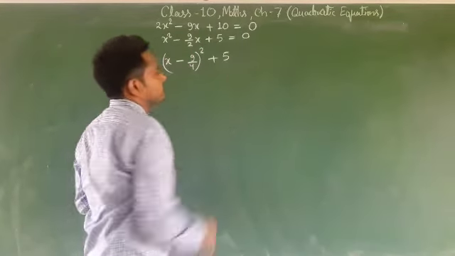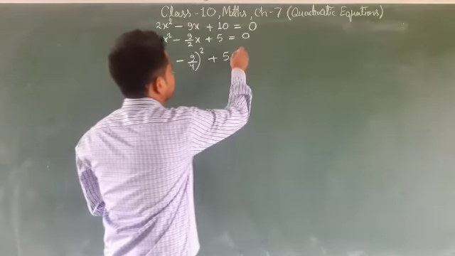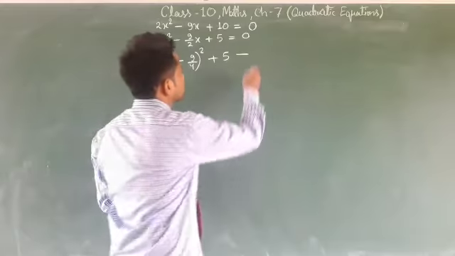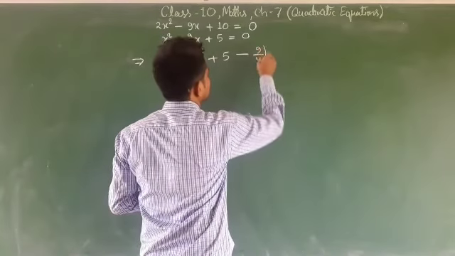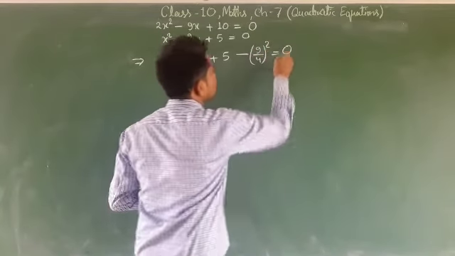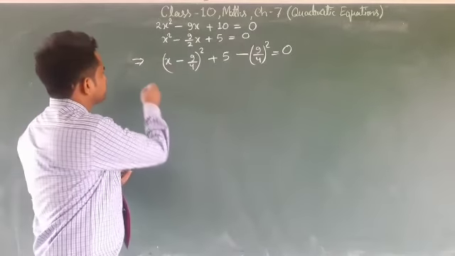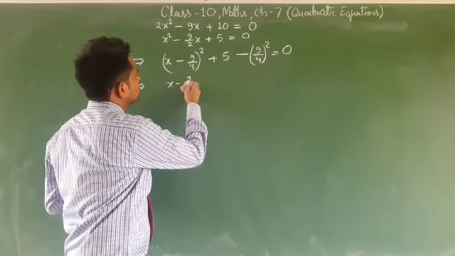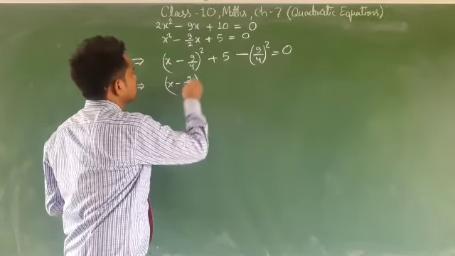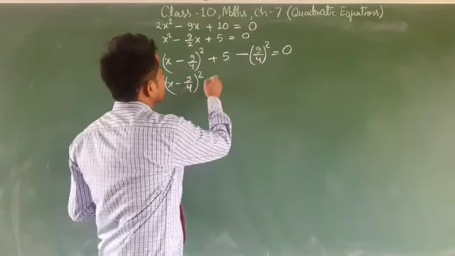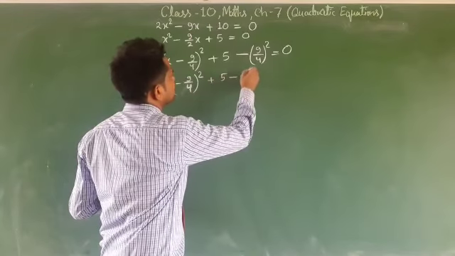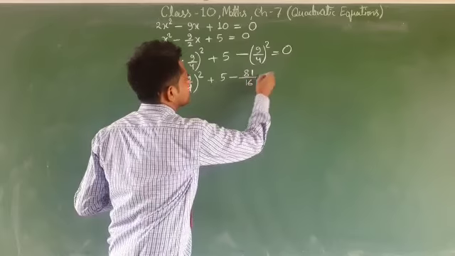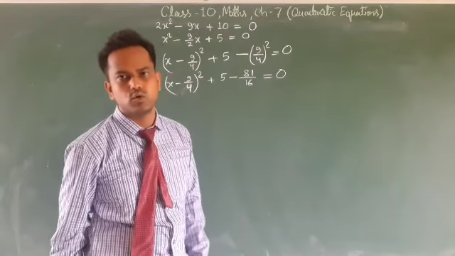Put the 5 as it is and subtract the square of 9 by 4. It means (x minus 9 by 4) to the power 2 plus 5 minus 81 by 16 is equal to 0.